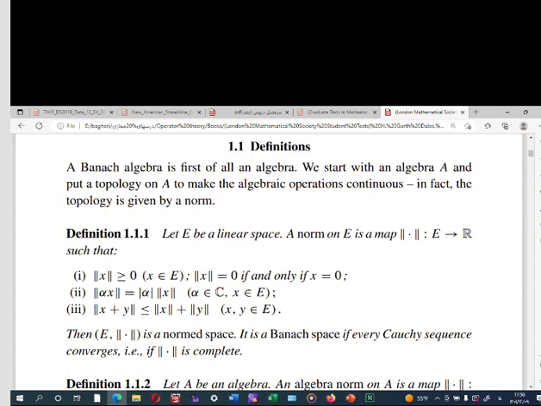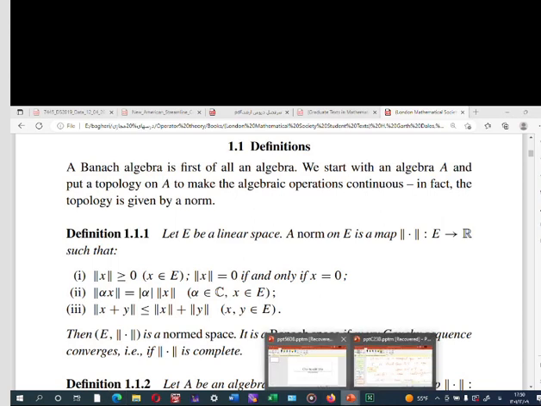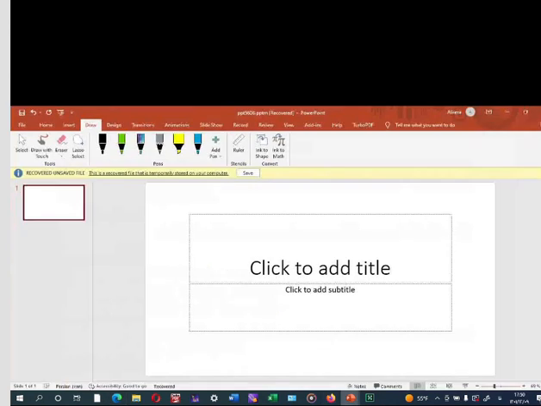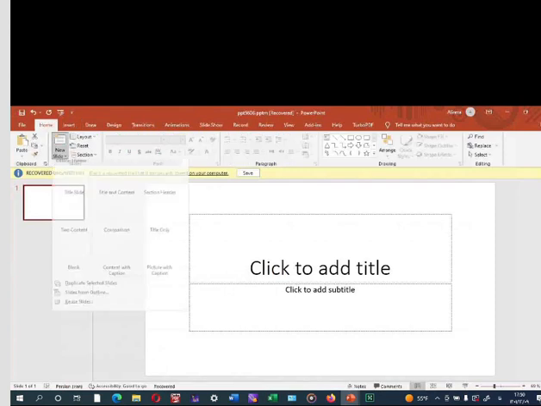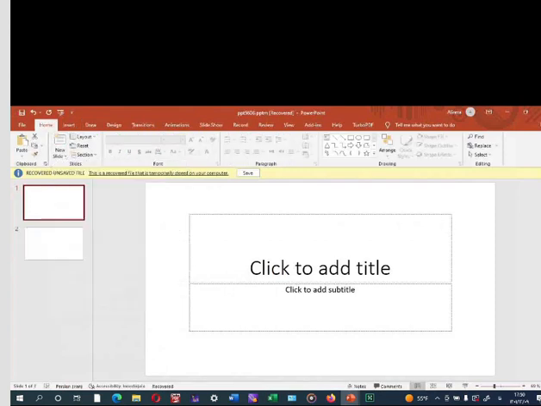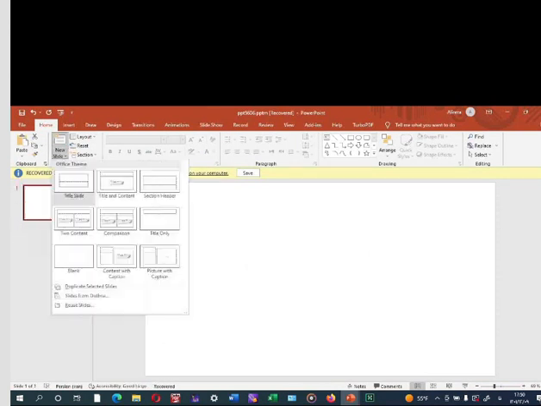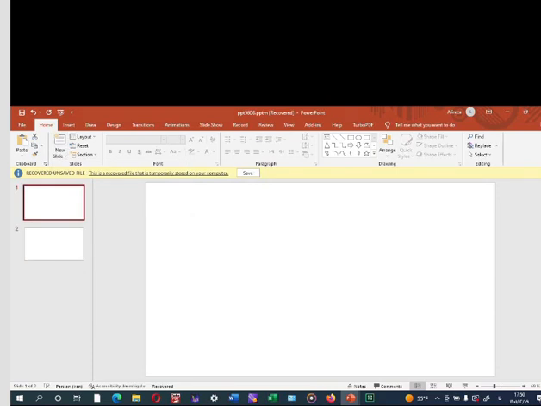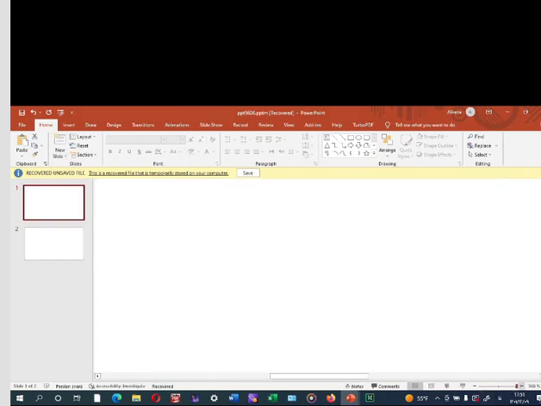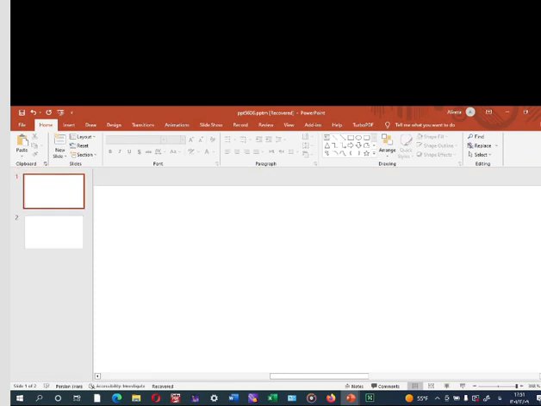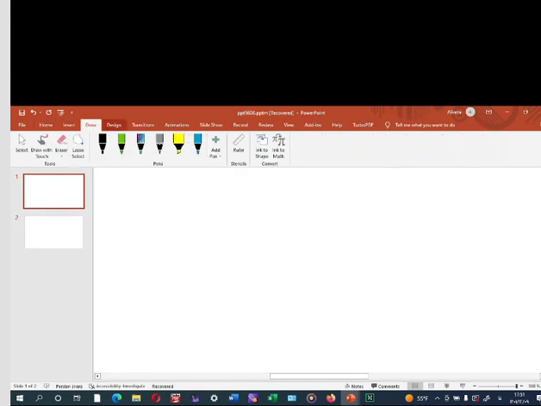Please note that this E is a vector space.